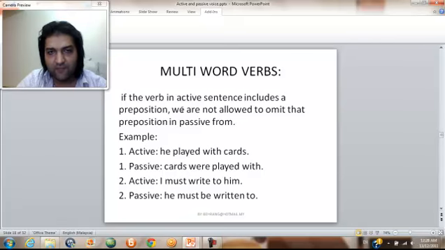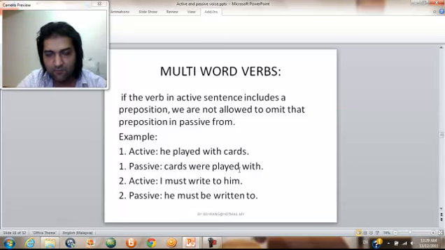Multi-word verbs. Now, if the verb in the active sentence includes a preposition, we are not allowed to omit that preposition in the passive form. Look at this verb, play. What do we have after play? We have the preposition with. So if in your active structure you have a verb plus preposition, in the passive structure you're not allowed to omit them.